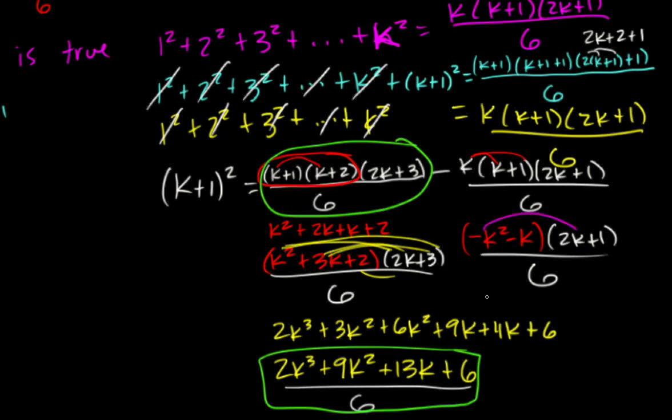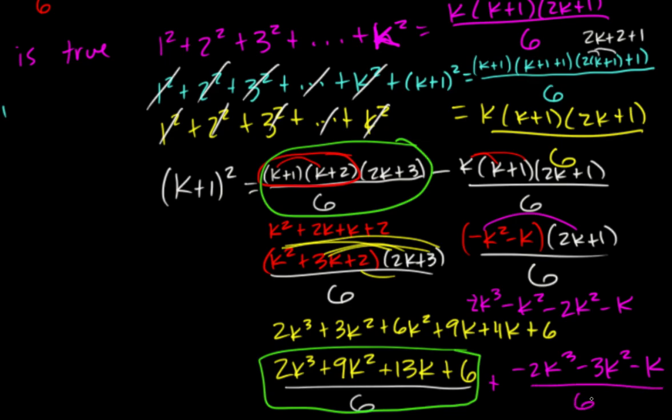Now I'm going to distribute this, so negative 2k cubed, negative k squared, negative 2k squared, negative k, and if we combine those, we get negative 2k cubed minus 3k squared minus k all over 6.